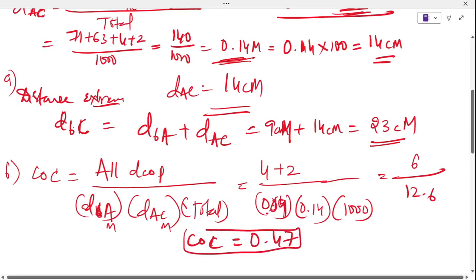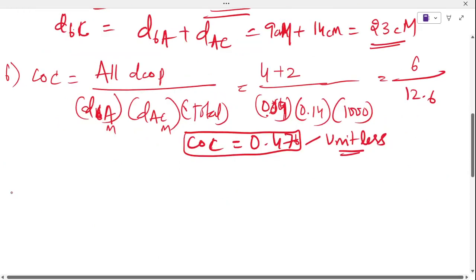The second sub-question's answer is 0.476, right? Next, this coefficient of coincidence is unitless. You need to remember this is unitless. There is no unit at all. And the next question is, what is that? Interference.